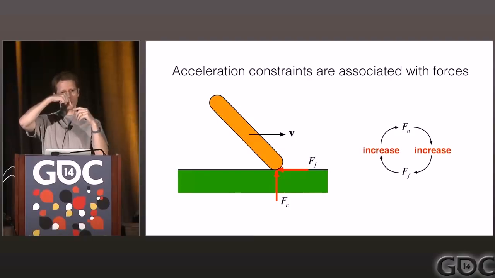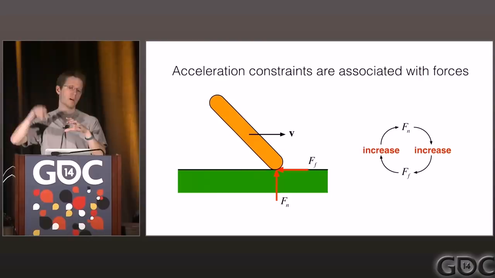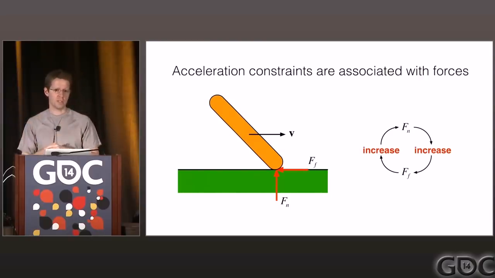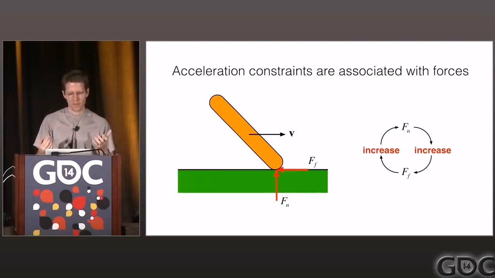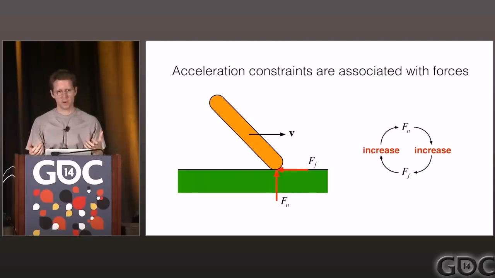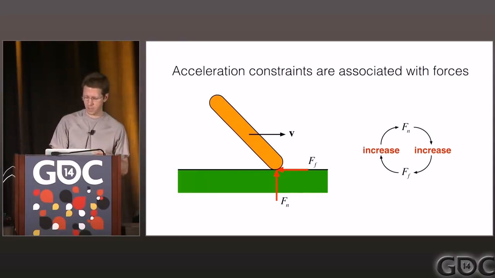The stronger the normal force, the stronger the friction. So then the friction gets larger, and then the normal force gets larger, and it becomes this positive feedback cycle, and they both become infinite. So for this reason, game physics programmers abandoned working with acceleration constraints a long time ago.